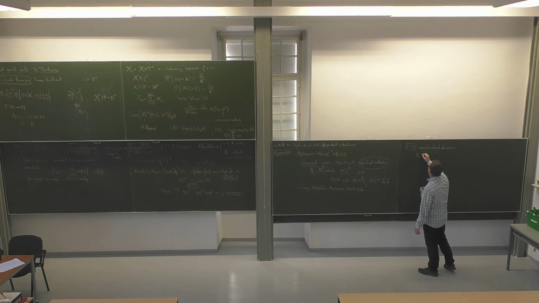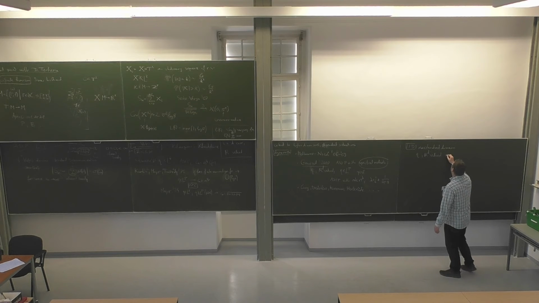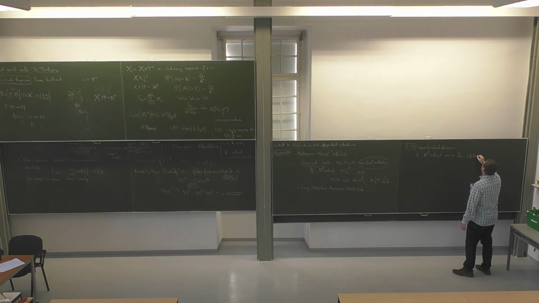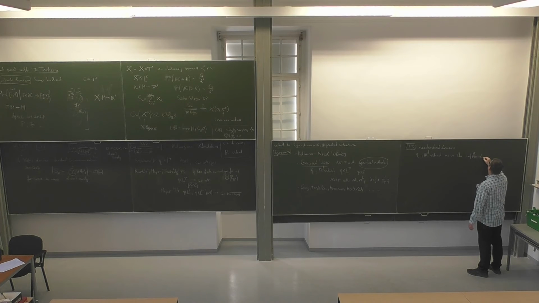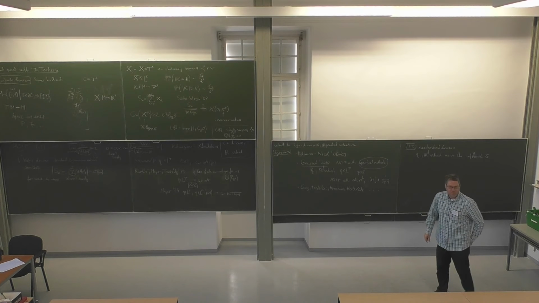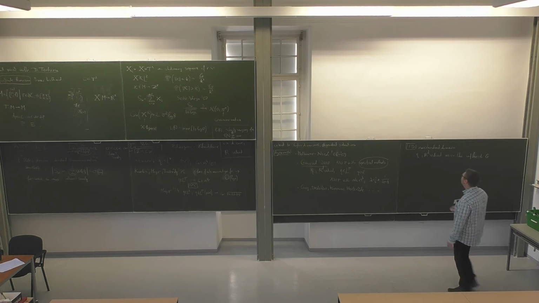So eta is R^d valued, and as in the infinite horizon Lorentz case, same type of distribution.